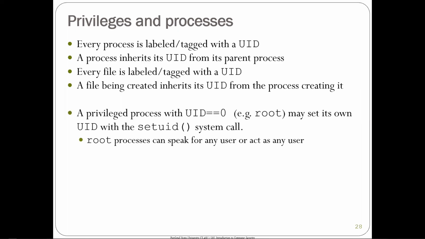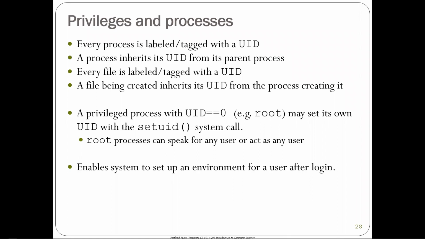The privileged process has a UID of 0, and this special UID has the property that it can set its own UID to something else. And that's with the setuid system call. The root process can speak for any other user on that system or act as any other user on that system. Okay, so one of the reasons that you need the root process to do this is because when a user logs in, you don't want that user to be running at the root privilege level.